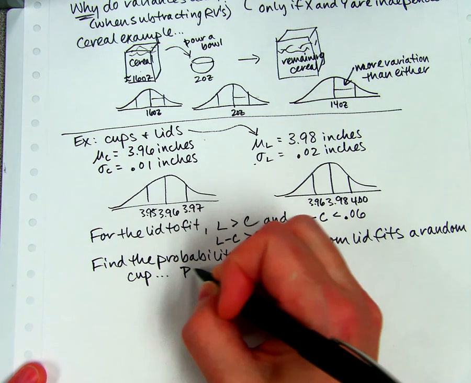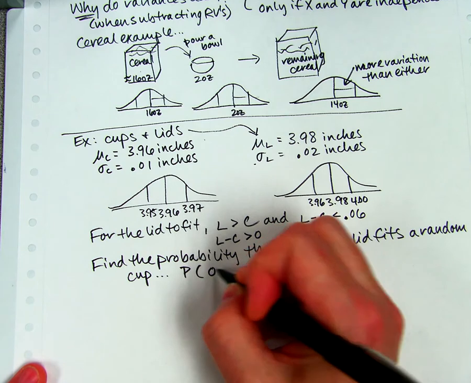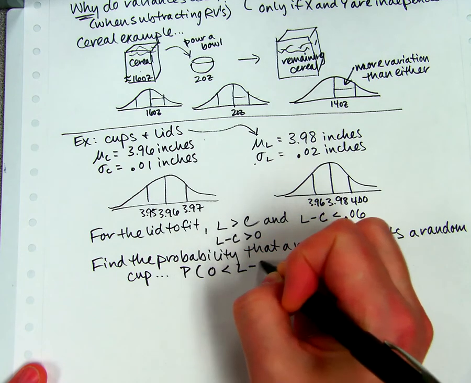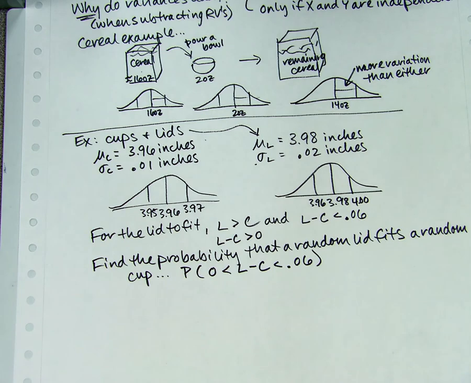That would be the probability that this happens, that 0 is less than lid minus cup is less than 0.06. That's what I'm about to find.